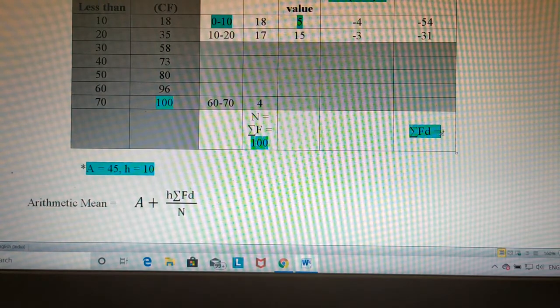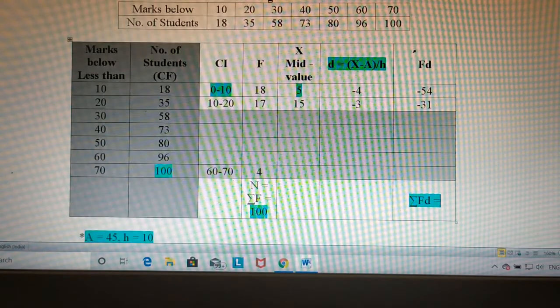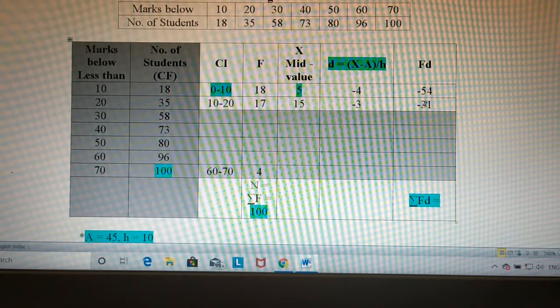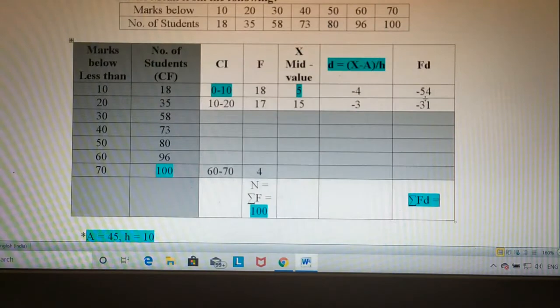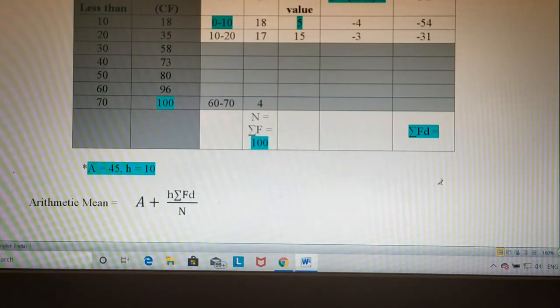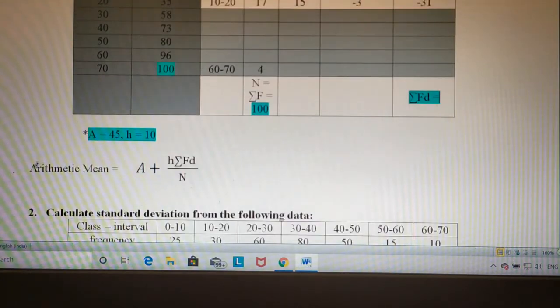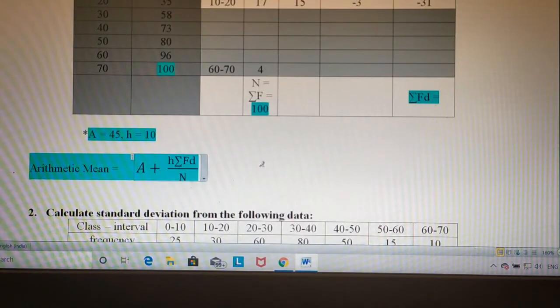When you are adding fd values, you should be very careful whether the fd values have positive or negative signs. When you have negative and positive signs, you have to subtract the negative values from the positive values. You have to use your basic mathematics there to get the total value of fd. Once you get the total value of fd, apply it in the formula given here.